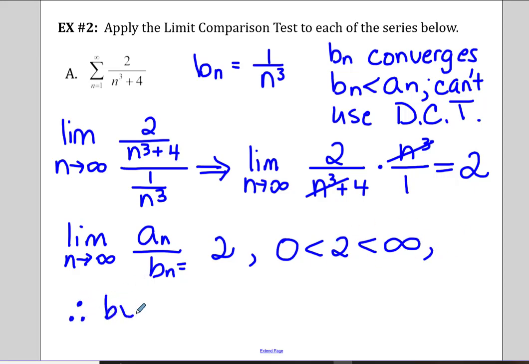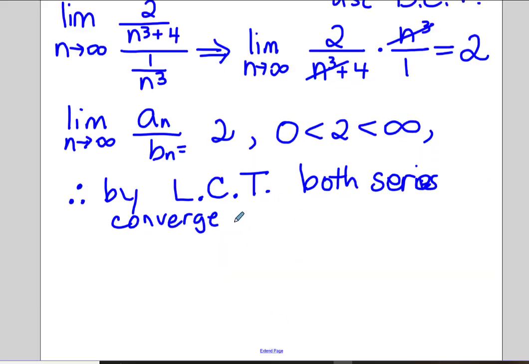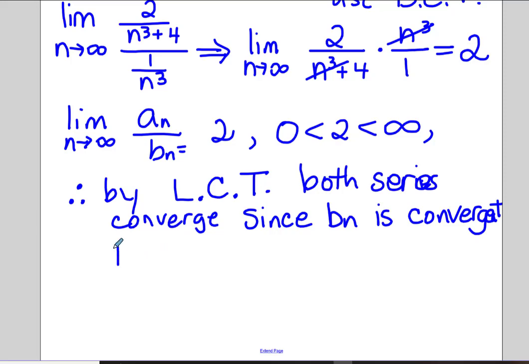Therefore, by the limit comparison test, both series converge. And if you need to, you might want to write down, we know that b sub n is a convergent p-series where p was greater than 1.